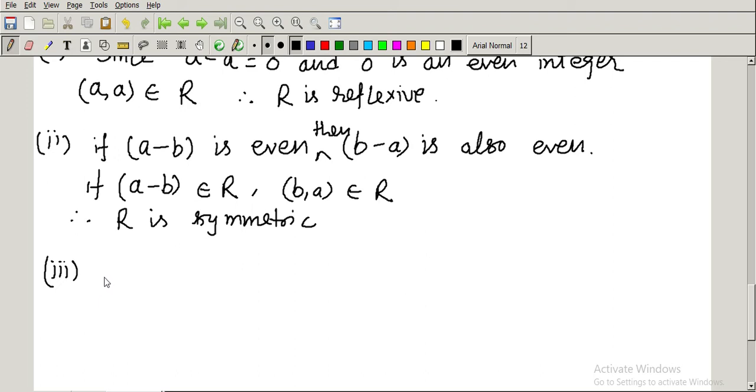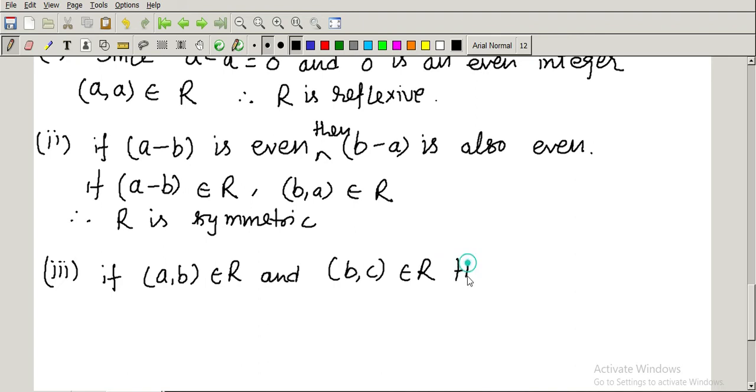अब ट्रांजिटिव क्या होता है? ट्रांजिटिव में क्या है कि अगर (A, B) belongs to R और (B, C) belongs to R, right?